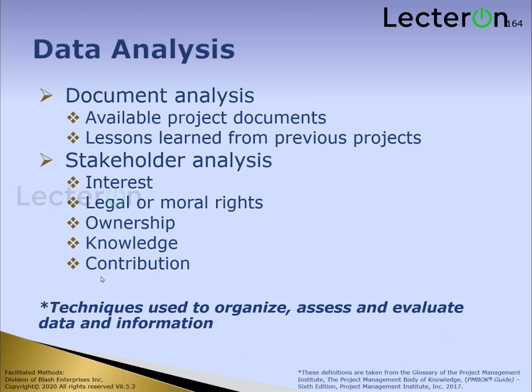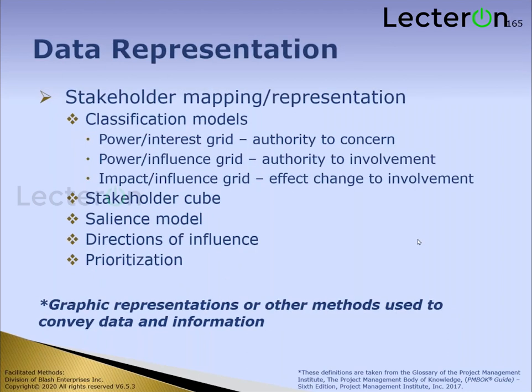And this is going to be something that, as you know more about the stakeholder, you're going to make changes to. The representation, we have a couple of specific ways of showing this information. We have what are called classification models. We have a Stakeholder Cube. We have a Salience Model. We have directions of influence, and we have prioritization.